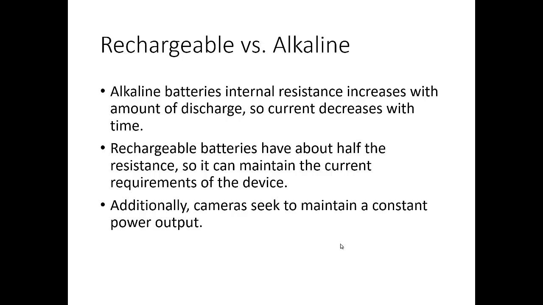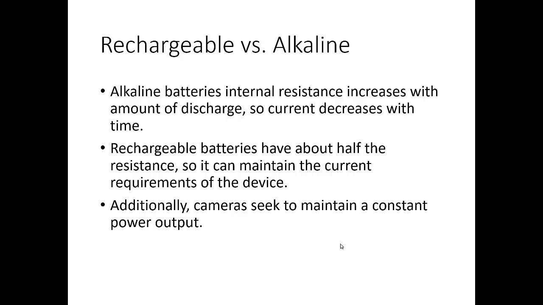Okay, remember your potential is staying the same because you still have the same chemicals involved in the reaction, so your potential is going to be held constant. But rechargeable batteries, on the other hand, have half the resistance, and they're able to maintain the current requirements of the device. They don't have that same problem with internal resistance increasing over time.